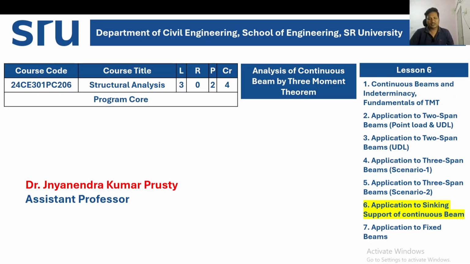Let us first apply this three-moment theorem in the case where the support of the continuous beam is settled down by some millimeters or centimeters. If the support is sinking by any measurement, how can we apply the three-moment theorem? How can we modify the three-moment equation that we will see today?